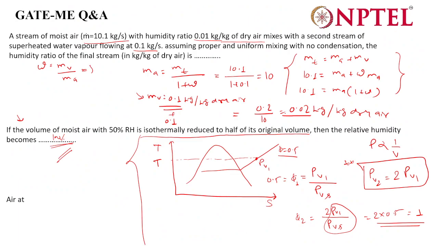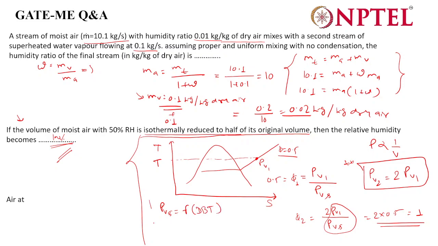Yes. Here isothermally we have reduced the volume, so temperature is not changing anywhere, right? So for a fixed temperature, PVS is fixed. PVS is a function of only dry bulb temperature.